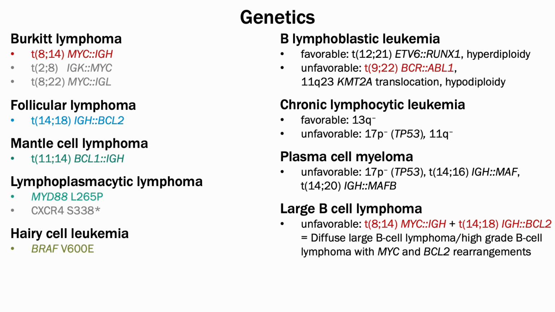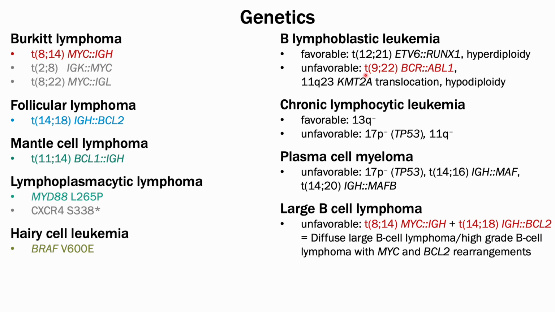With B lymphoblastic leukemias, the favorable alterations include the t(12;21) ETV6-RUNX1 rearrangement and hyperdiploidy. This RUNX1 is the same RUNX1 on chromosome 21 as seen in favorable prognosis AML with t(8;21) RUNX1-RUNX1T1. With hyperdiploidy, blasts should contain greater than 50 chromosomes, but usually have greater than 66.